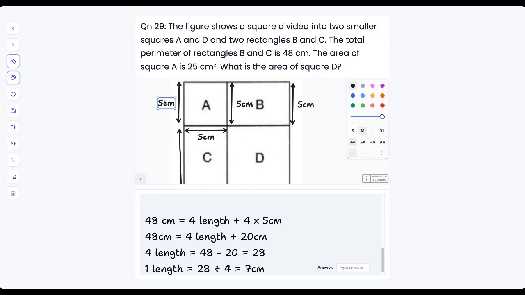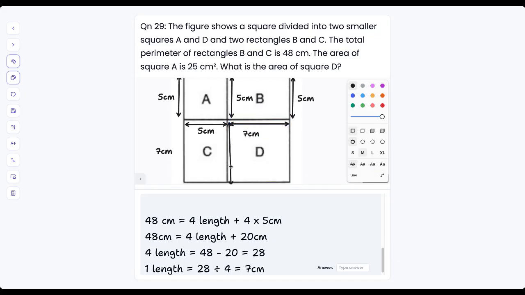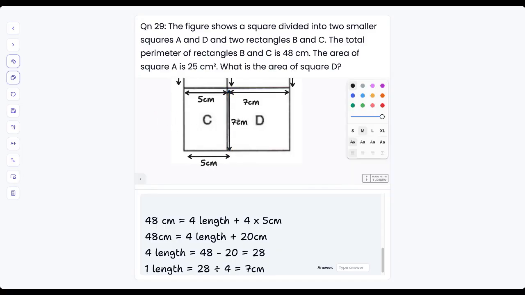In this case over here, 7 centimeters. And we also know that this is also 7 centimeters. That means this is also 7 centimeters, right? And this is also 7 centimeters. So I see over here 7 centimeters.